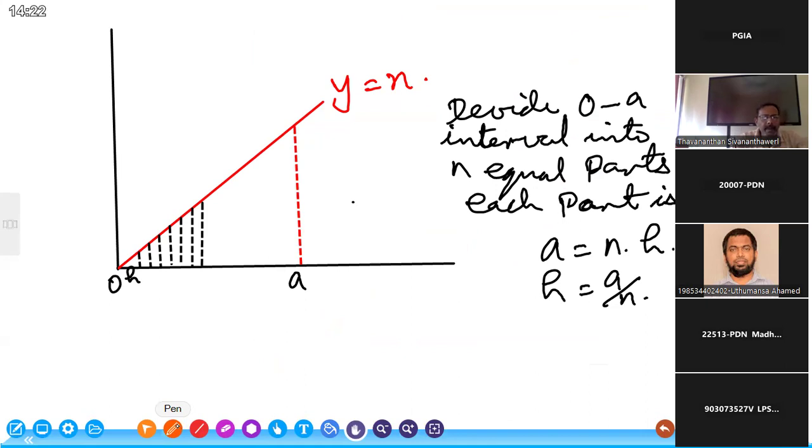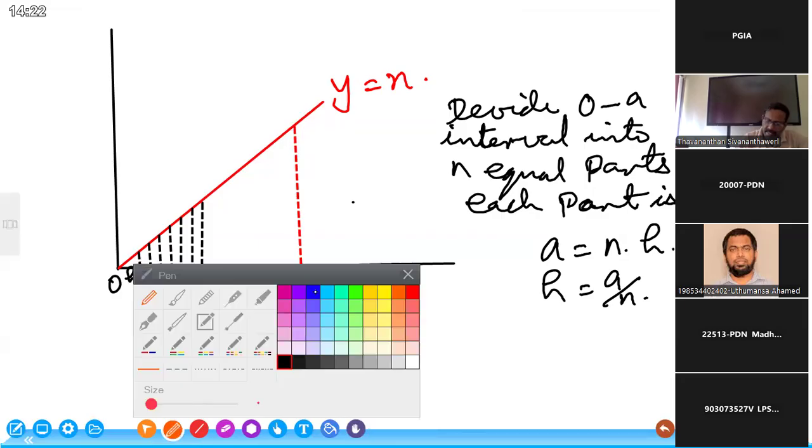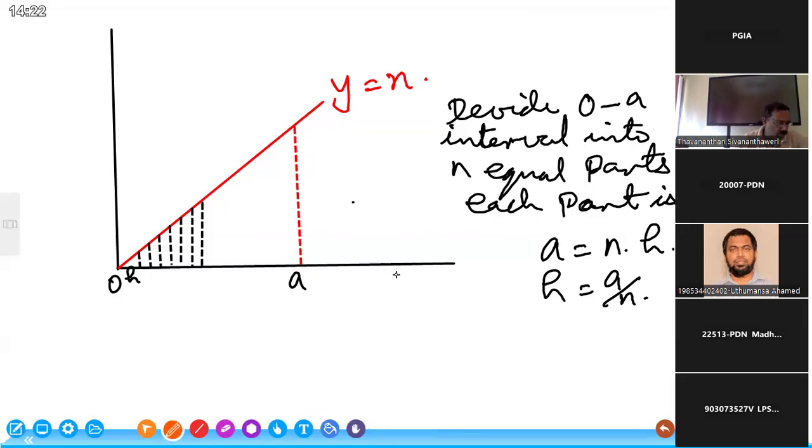rectangles, because we want to break the region into several rectangles and get the area under the curve above the x-axis between 0 and A, so that we can find it using our technique. Two techniques are there, right?